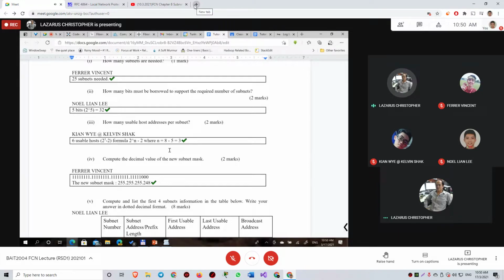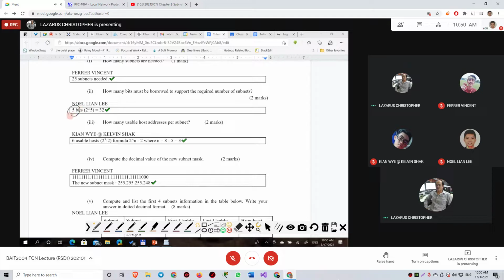Okay, we go to part 3. How many usable host addresses per subnet? Well, we know the host part is 8 bits. We borrow 5 bits.